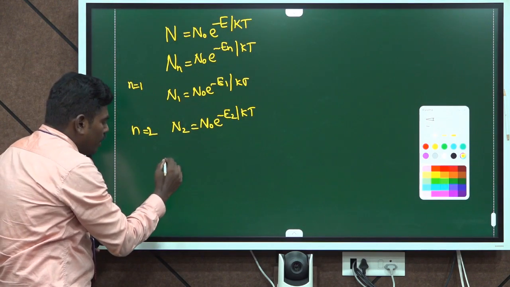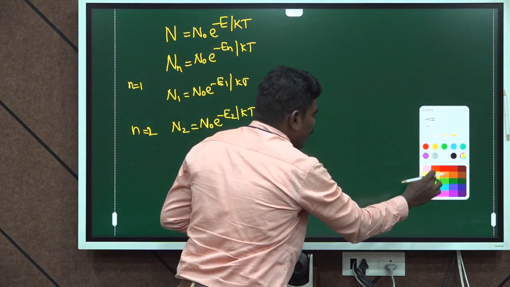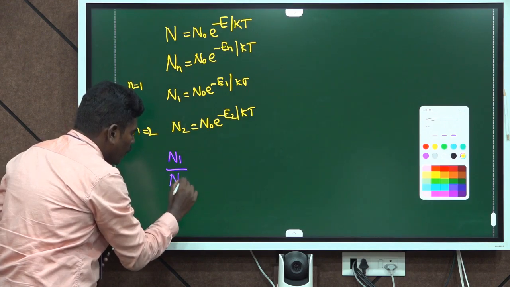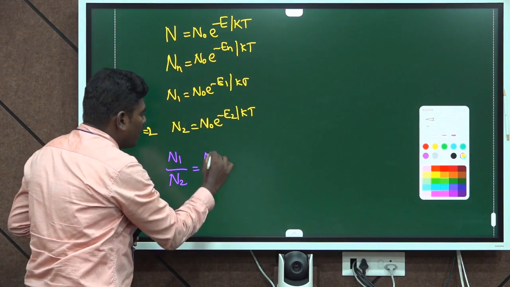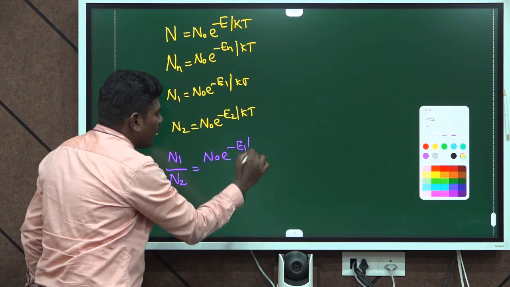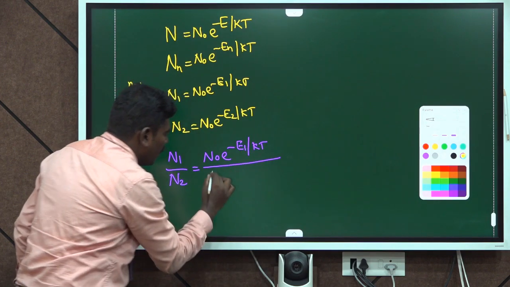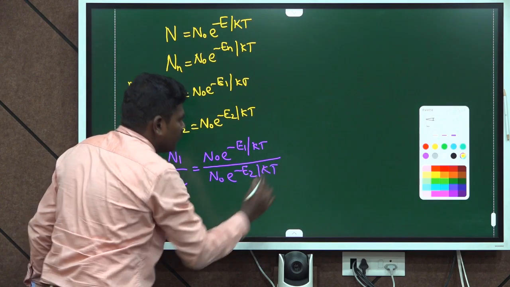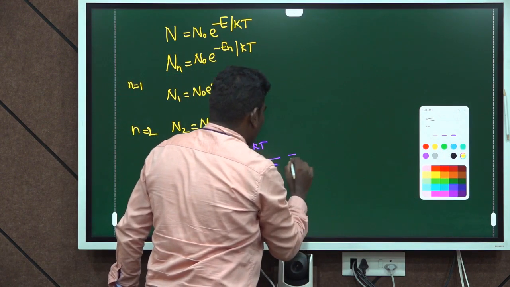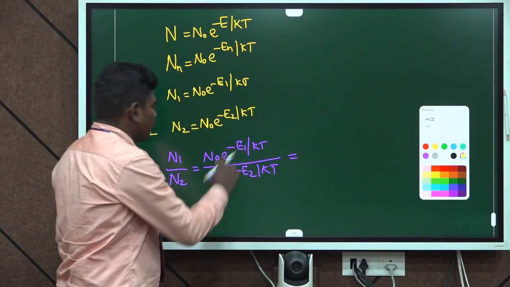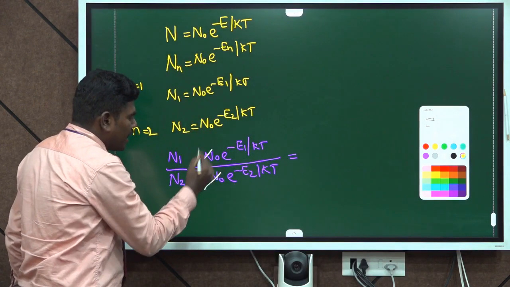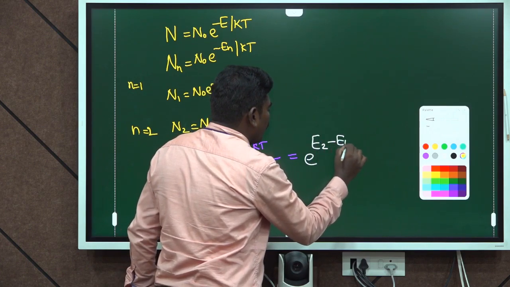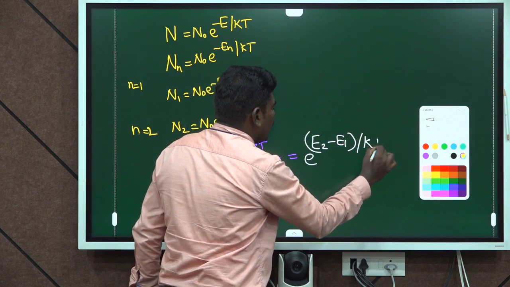In the previous formula, you know that N1 divided by N2 equals N0 e power minus E1 divided by kT, whole divided by N0 e power minus E2 divided by kT, equal to, N0 gets cancelled, e power E2 minus E1 divided by kT.